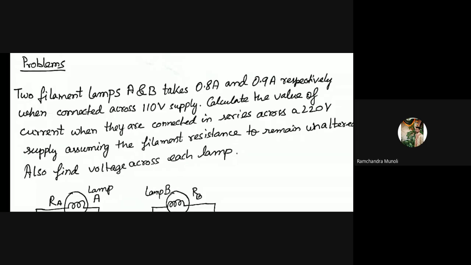Voltage is given, current is given, right? Yes, ma'am. So voltage is given, current is given for A and B respectively. So we get the resistances of A and B first, right? Yes, ma'am. We can use Ohm's law. So we get the resistances first.